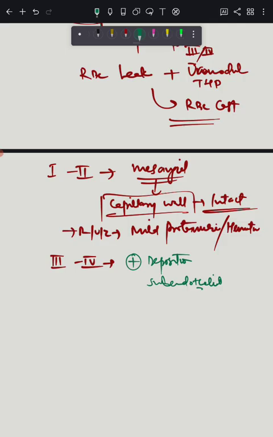They pass into tubules, get trapped in Tamm-Horsfall protein, and eventually form RBC casts. This is why RBC casts are strongly associated with active proliferative glomerulonephritis, lupus nephritis. These are proliferative forms.